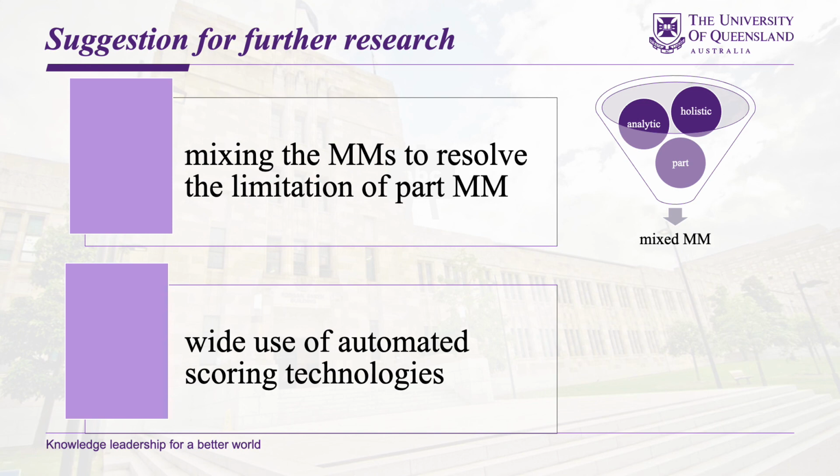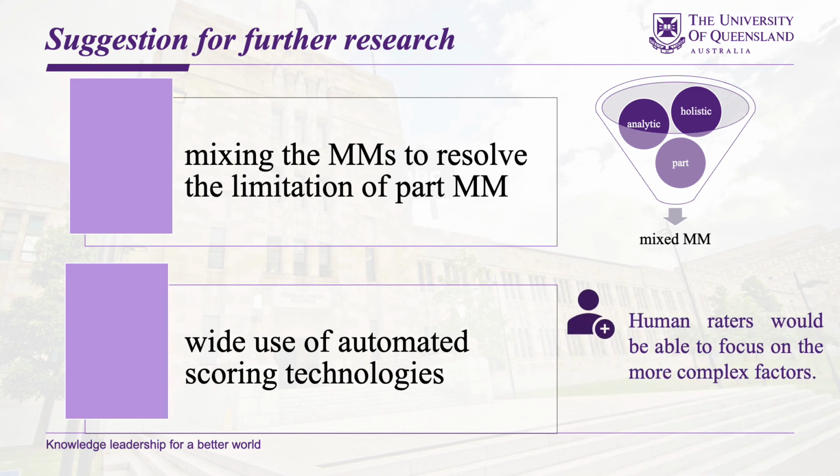Second, the wide use of automated scoring technologies might be the future in assessment of speaking tests. An automarker can focus on explicit linguistic items like fluency and pronunciation, so that human readers would be able to focus on the more complex factors.